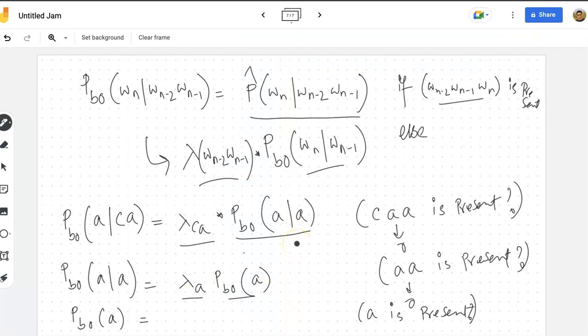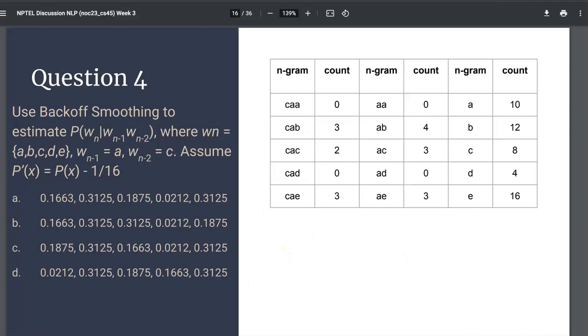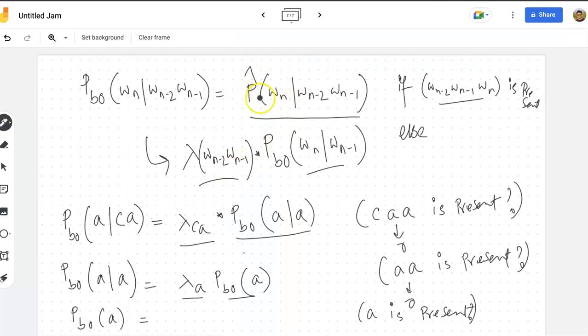But then we need to go for the discount. So we can go with the first part, but with the discounting. So it will be discounted of A. Then what is the value for this one? So basically this is probability of PA minus 1 by 16.